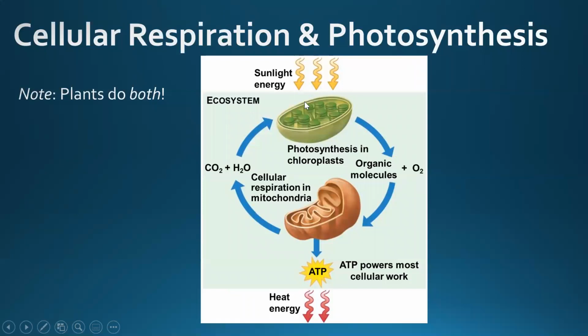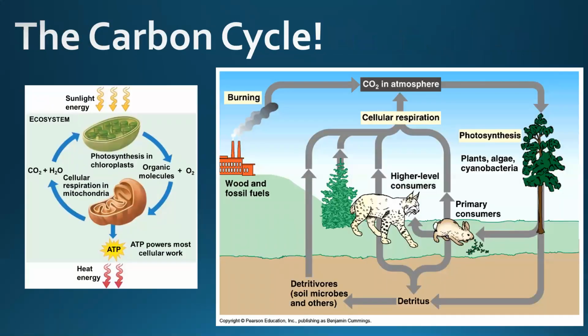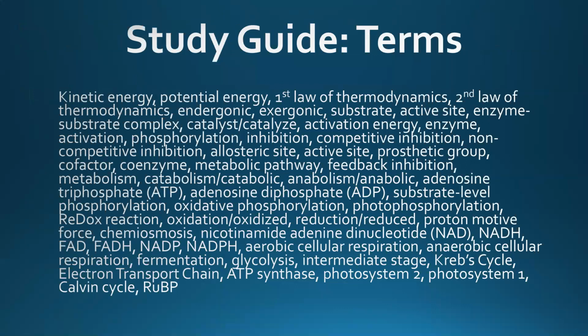We do not have chloroplasts, so we need to consume the organisms that have the chloroplasts in them in order to get glucose or the sugars in our foods in order to undergo cellular respiration to produce the ATP that we talked about in chapter 6. All right. Don't worry too much about the carbon cycle.